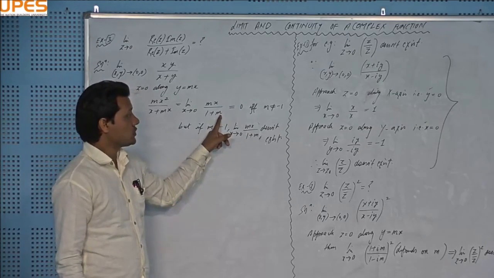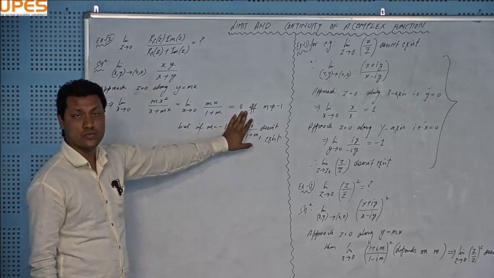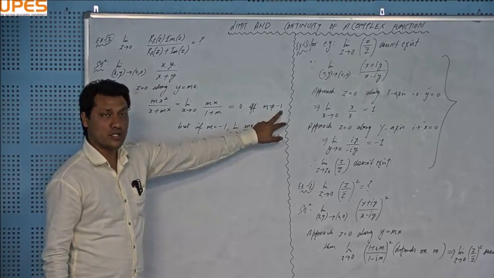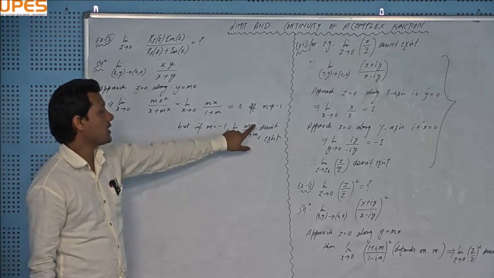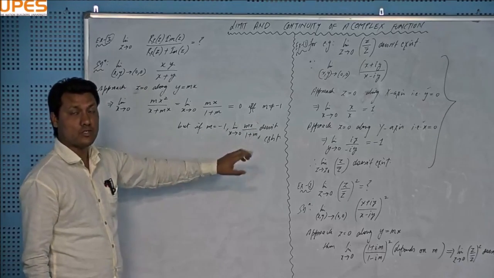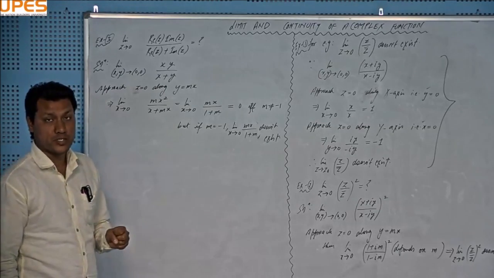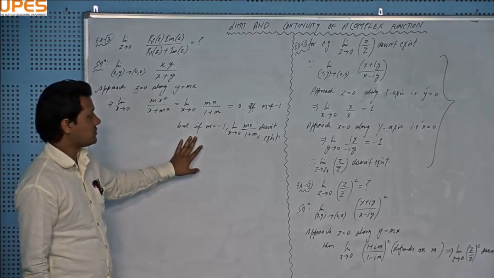So you cannot say that the limiting value of this function is 0. This is wrong, because m equal to minus 1 will produce 0 in the denominator also, and that will produce 0 by 0 form. You have to take all the cases, all the curves passing through that point. So you will say that the limit will not exist, right?